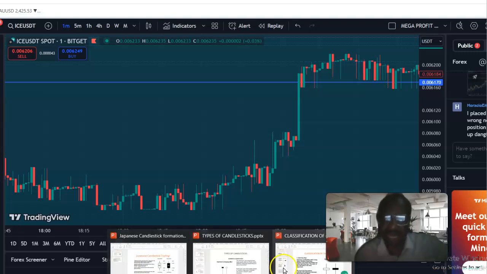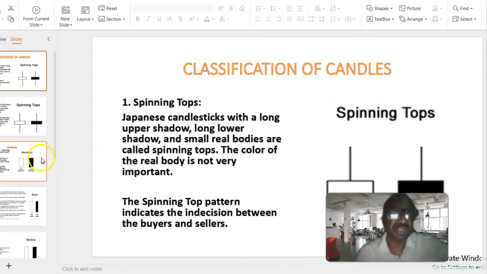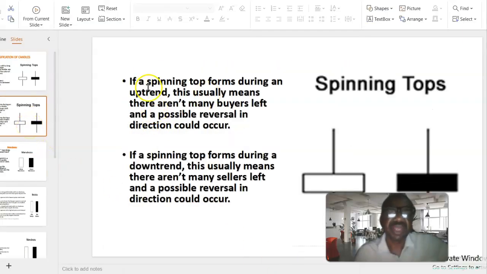Let's go further in our learning. If a spinning top forms during an uptrend, this usually means that there aren't many buyers left, and a possible reversal in the direction could occur. So price is going up and a spinning top is formed at the top.